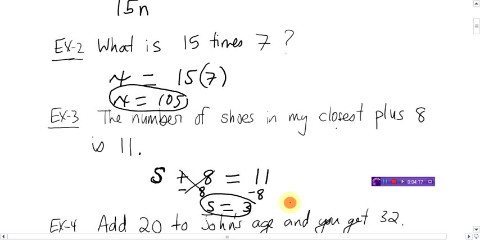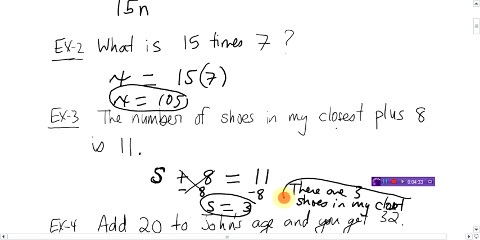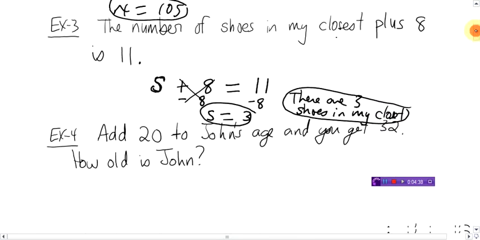So it's handy to actually say it as a sentence, just so you know what's going on. There are 3 shoes in my closet. Enough said. Moving on to the next thing.